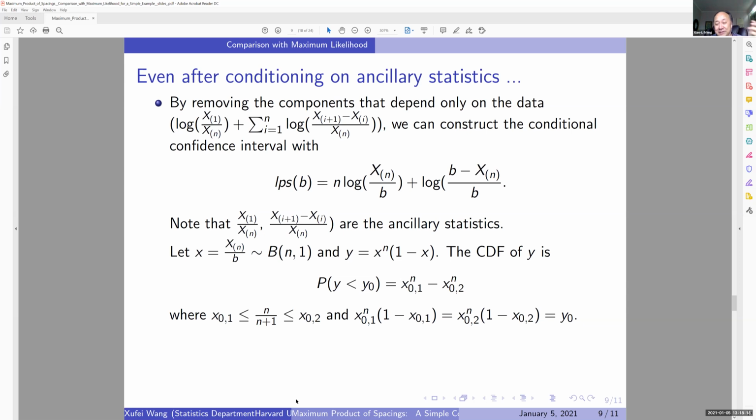It had to depend on xn because xn itself is sufficient for B. And that quantity is obviously invariant to B because it's scale invariant. So that's why it's ancillary. You're asking whether that's a maximal ancillary. I think it is maximal ancillary, but we also know maximal ancillarity is not unique. So I'm not sure, this probably is not unique, although it's hard to think about anything else in this case.